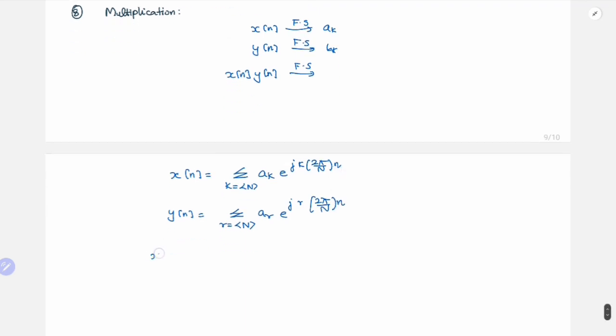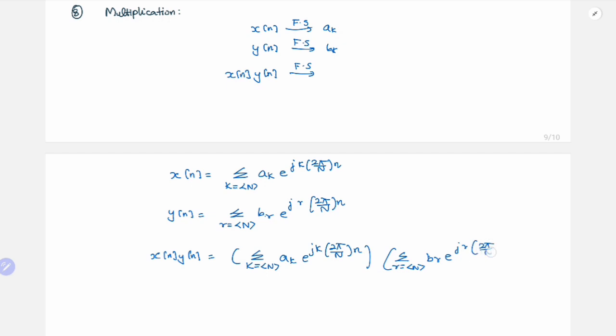So if you multiply these two, I will get this into this. So summation k equal to N ak e power jk 2 pi over N into n. Similarly, summation r equal to N, this is br, right? So br e power jr 2 pi over N into n.